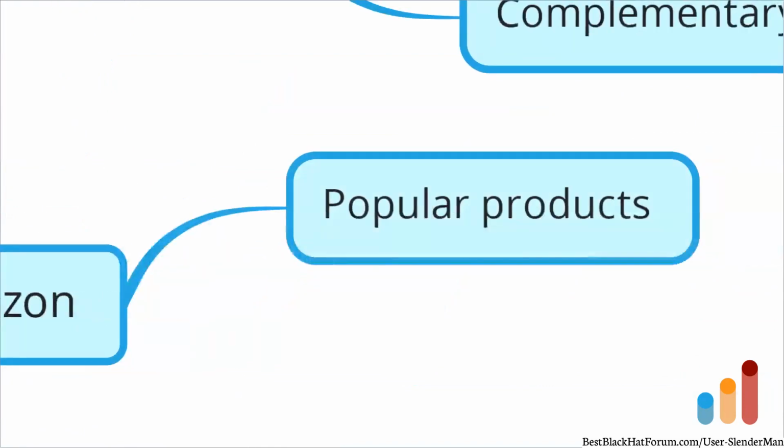And when you're on Amazon, when you're doing your research, you're going to want to look at other popular products in your space. If you're selling information, it certainly helps to look at books in your space, because books represent information that people are buying around your topic.